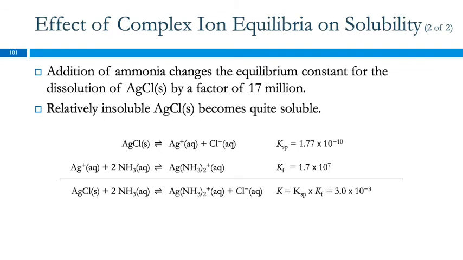Looking at silver chloride, adding ammonia will change the equilibrium constant by a factor of 17 million. That's big. So we can figure that out by looking at the equation for silver chloride dissolving. And here we've got the solubility product constant.